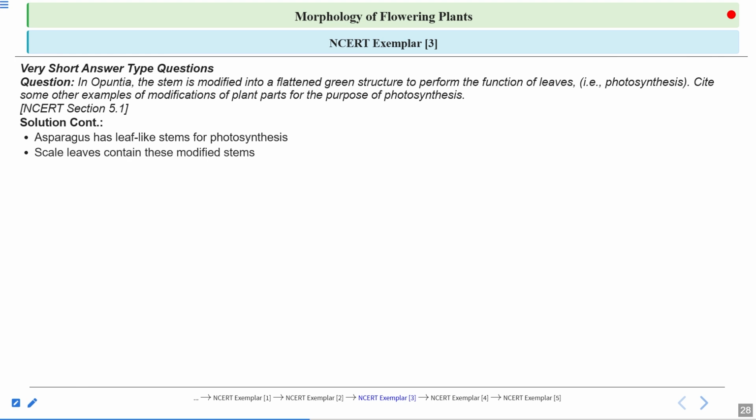Asparagus has leaf-like structures for photosynthesis. Scale leaves contain these modified stems. So these are some other examples where parts other than the leaf are also involved in the process of photosynthesis.